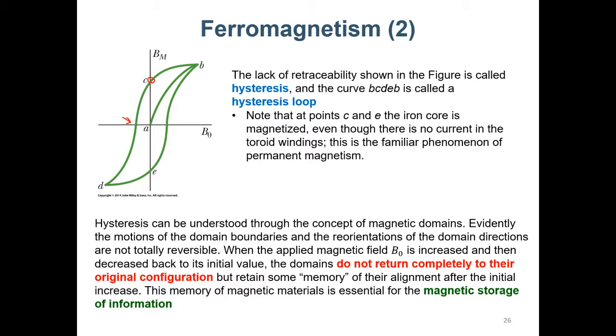Then the external field decreases, and the field generated by the ferromagnetic material also decreases, but it has some memory. The external B field is decreased to a negative value until here, then you can reset the material, and you will go to there, something like that.